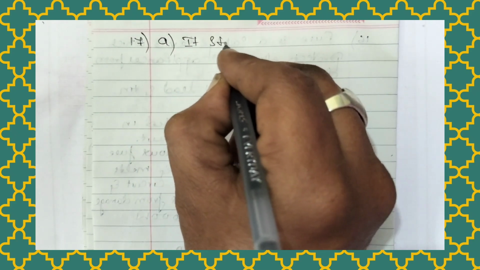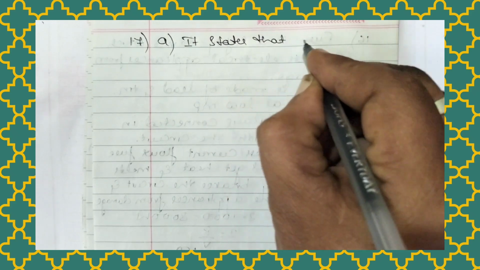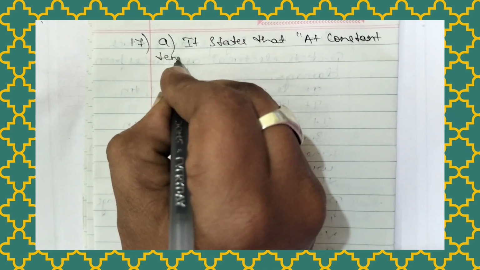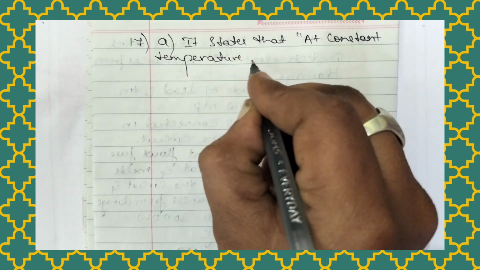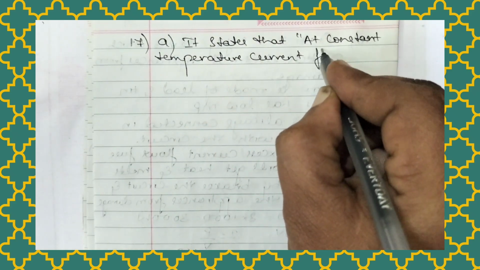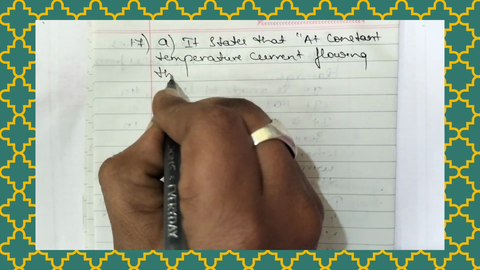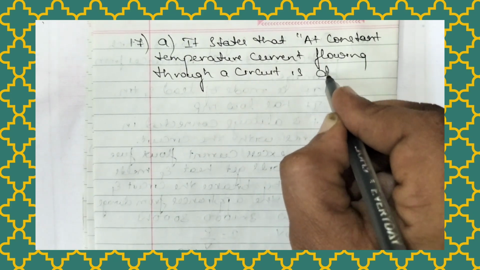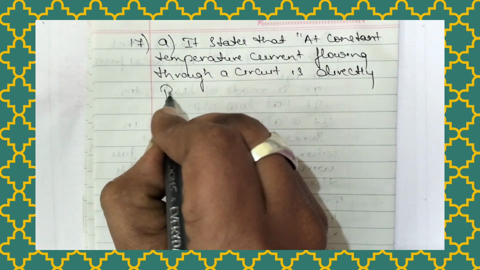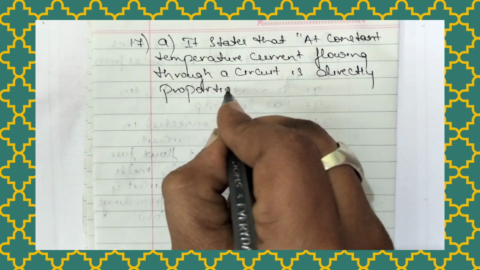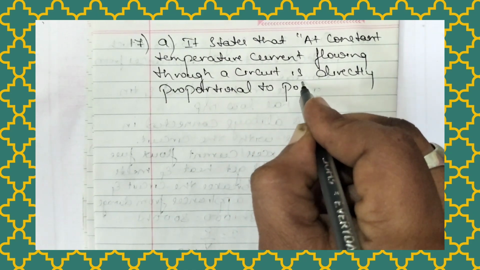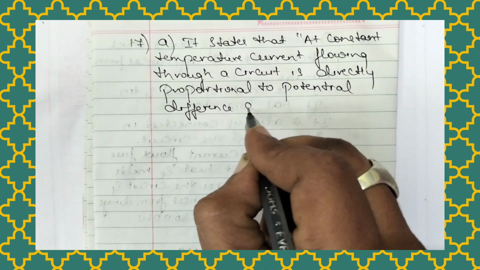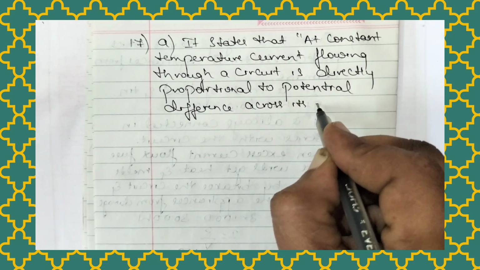It states that at constant temperature, the current flowing through a circuit is directly proportional to the potential difference across its ends.